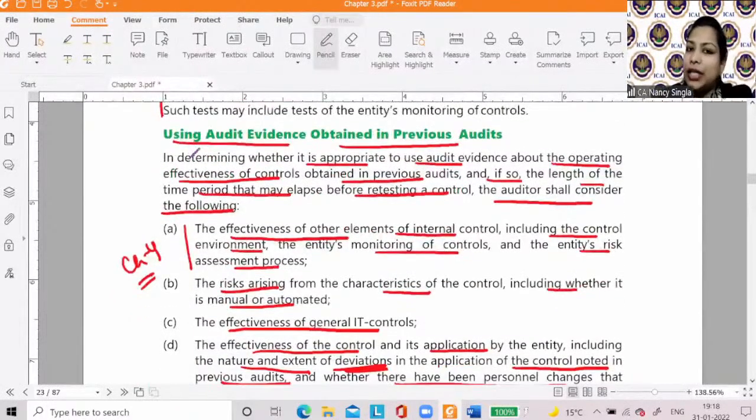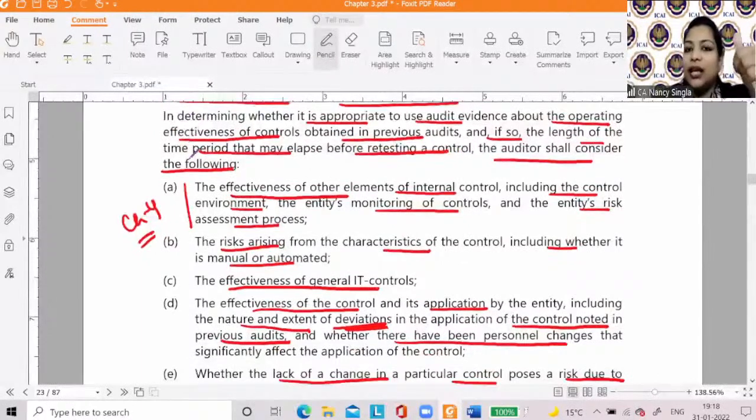And yes, auditor can use prior audit evidence, but before that he shall consider the following things. What? Effectiveness of other elements of internal control, effectiveness of general IT controls, and effectiveness of the control and its application, any deviation which was noted in the previous year, and any personnel change if has been made. The risk associated with what?